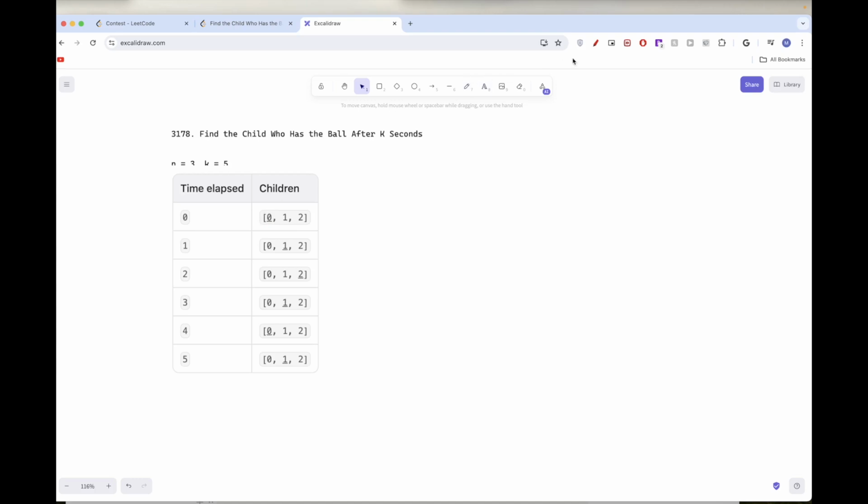How many passes do we do? We go to 1 and 2, so we do 2 passes. And then we reverse direction. How many passes do we do in the reverse direction? Well, 2 passes it to 1, 1 passes it to 0. So again, we do 2, even though n equal to 3. So already we know that each round has n minus 1 passes.